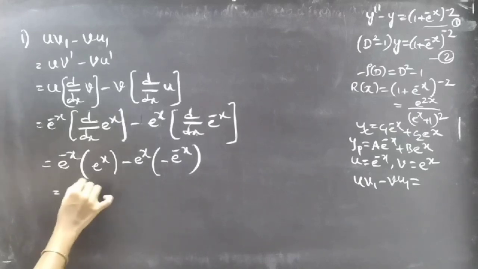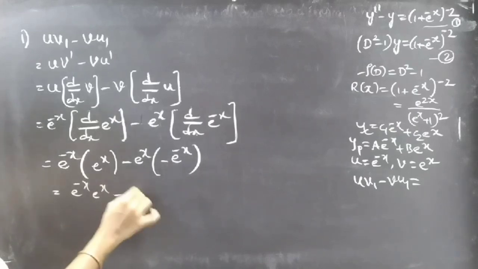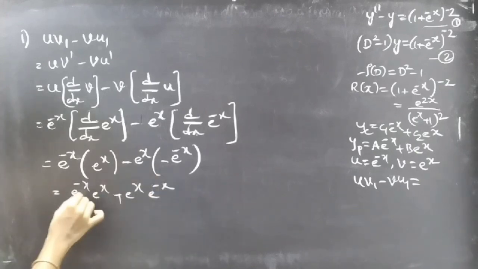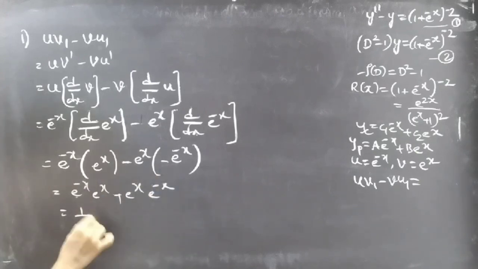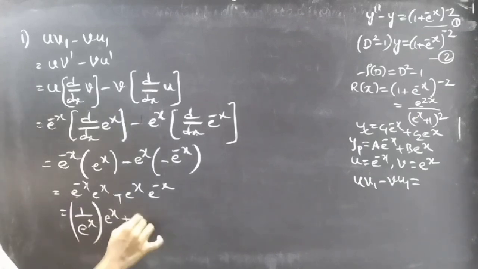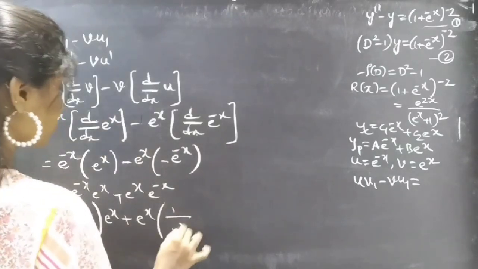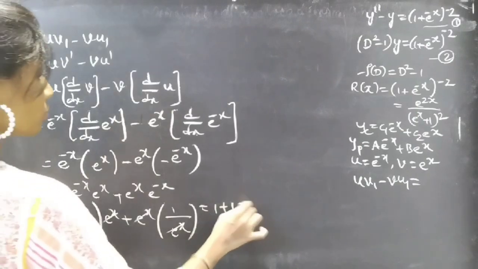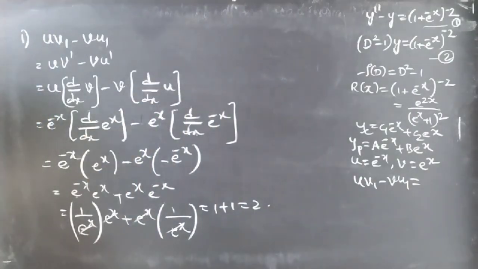This gives us e power minus x into e power x, minus into minus, plus e power x into e power minus x. We can write e power minus x as 1 by e power x, so you'll get 1 by e power x into e power x plus e power x into the reciprocal of e power x. Here e power x gets cancelled and you'll get 1 plus 1, which equals 2.